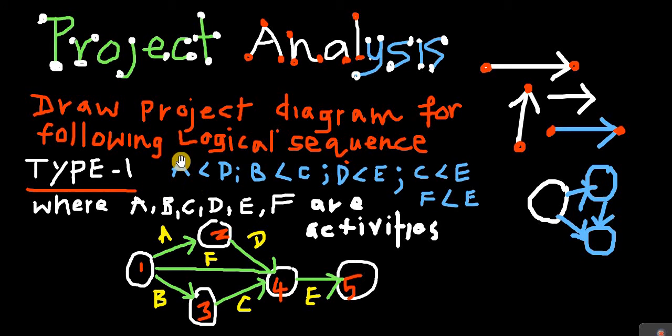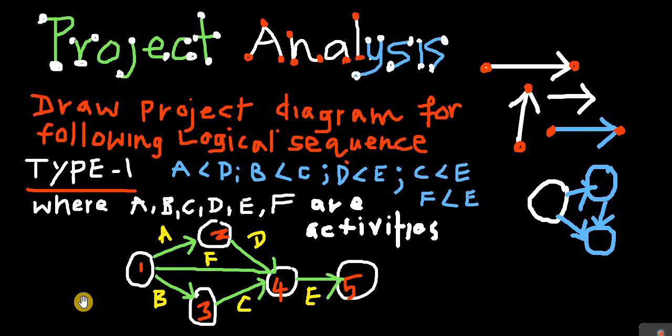Similarly, before B, no activities are there. That is, there is no predecessor for A, for B, or for F. Thus A, B, and F become the initial events for this diagram.